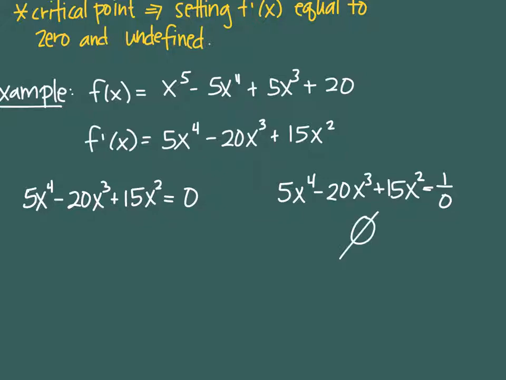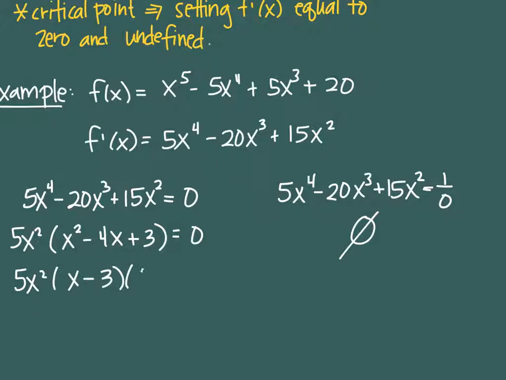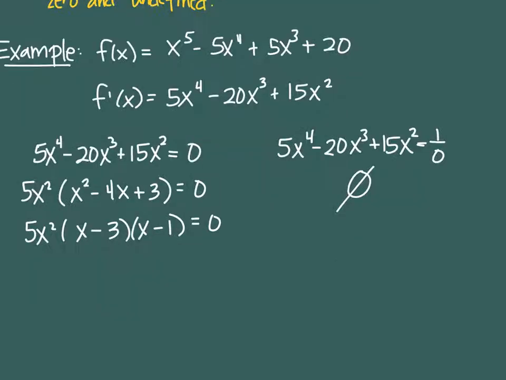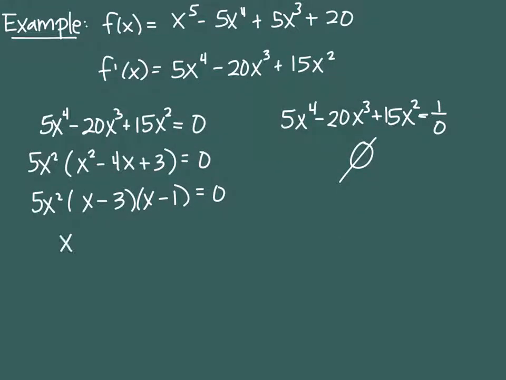So that won't produce any solutions, but the polynomial will. When I take out 5x squared out of that polynomial, I'm left with x squared minus 4x plus 3. I should not need a calculator to determine that because it's easily factorable. So we're going to have x minus 3 and x minus 1. So this function has 3 critical points. The critical points are 0, 3, and 1.